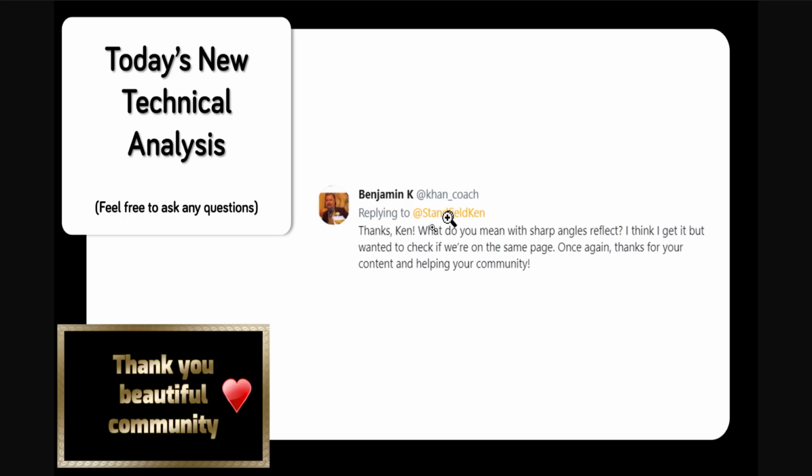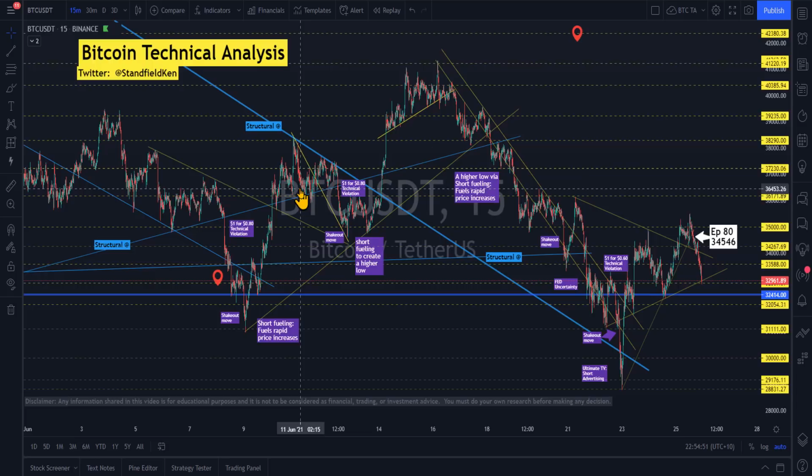I'd like to do a quick shout out to Benjamin K. He was asking, what do you mean by sharp angles reflect? So let's have a quick look at what that could mean. When we say sharp angles reflect, we're looking at this sort of thing, Benjamin. Price always moves in a wave, and the sharper the angle, typically the sharper the reflection.